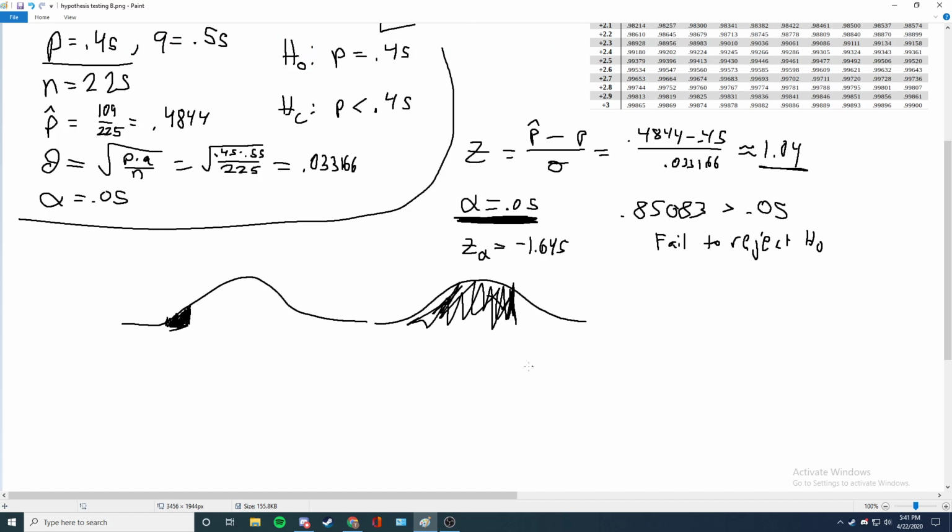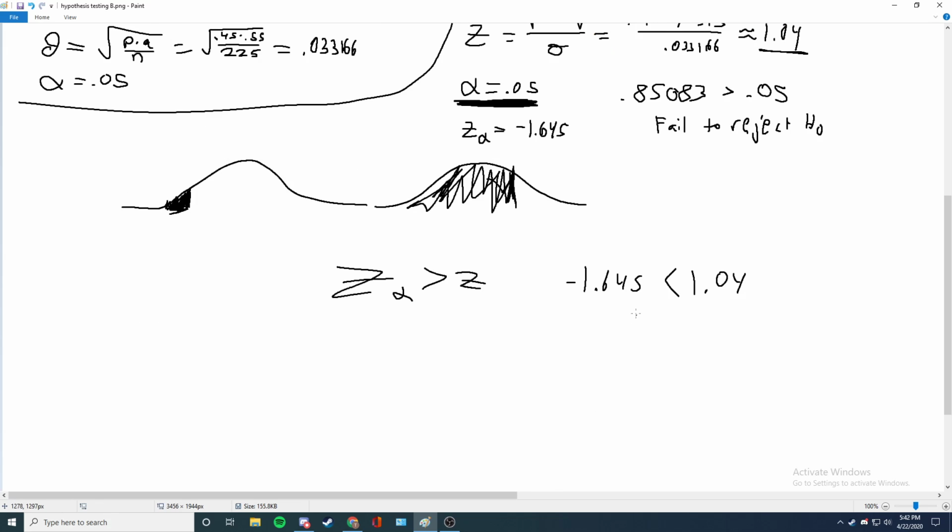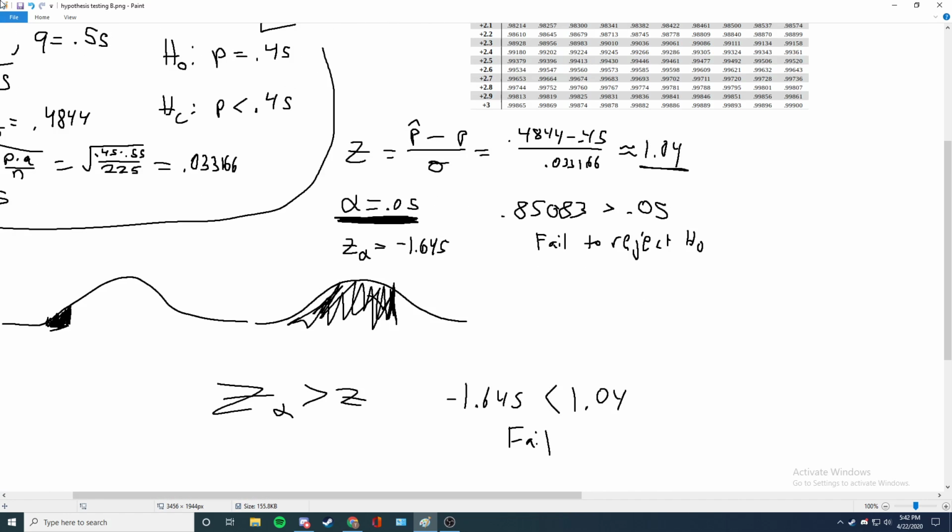Remember, since we're dealing with the left side, in order to reject, our z has to be less than the z critical. The z critical is negative 1.645, and our z is 1.04. Since 1.04 is way bigger than negative 1.645, once again, we fail to reject.